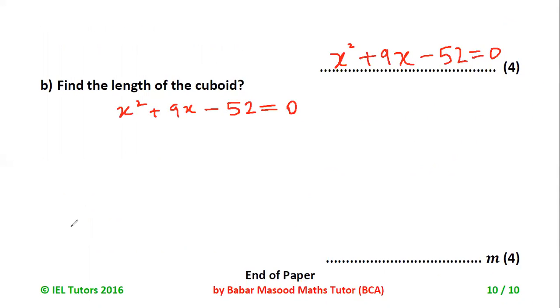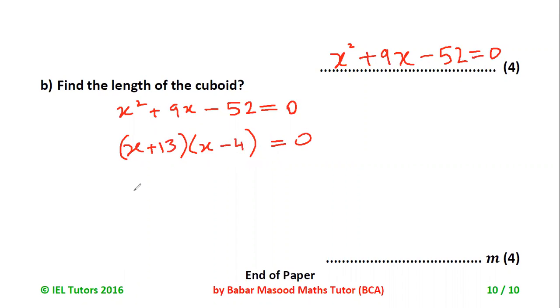Moving to part B of the question, it says find the length of the cuboid. Right, to work out the length of the cuboid, we need to solve this quadratic equation, and we can factorize this equation into 2 brackets, writing x there, and then think of 2 numbers that multiply to minus 52 and add up to 9. I can think of those numbers as positive 13 and minus 4.